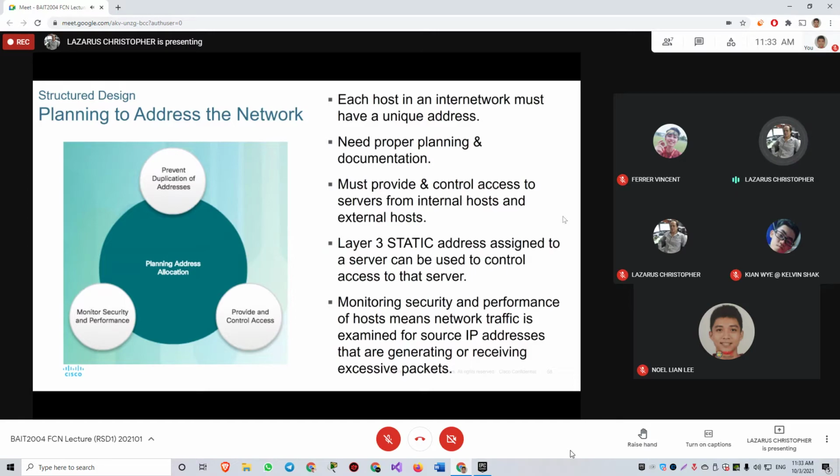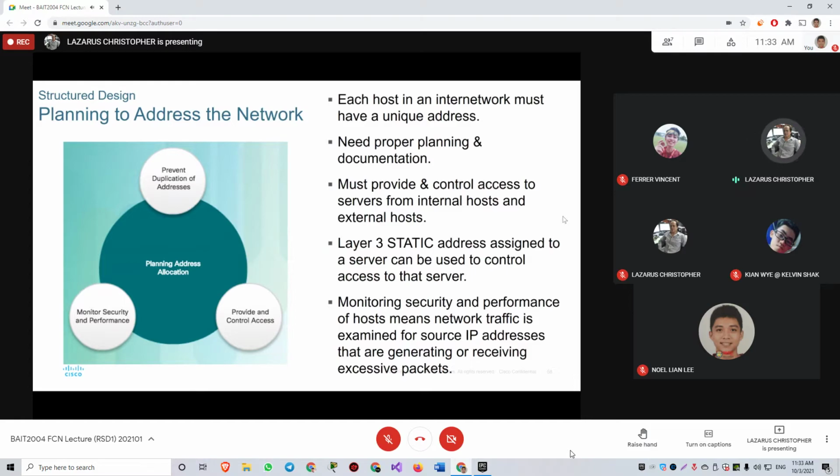Provide control and access. Again, you want to block certain addresses from accessing certain resources. It's easier if you already assigned systematically within a range. Working with a range is easier compared to listing out different addresses because you randomly assigned addresses.